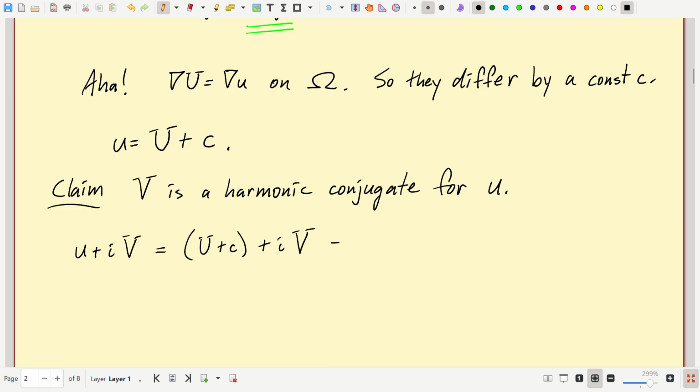And that's equal to, capital U plus iV was my little f, plus C. And so sure enough, that's analytic. That's all there is to that. Questions about that? So that's nice to know.